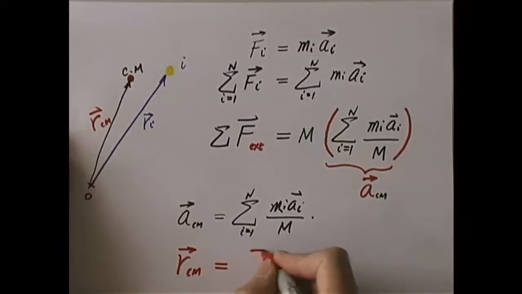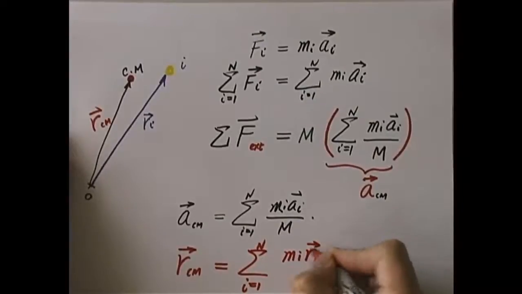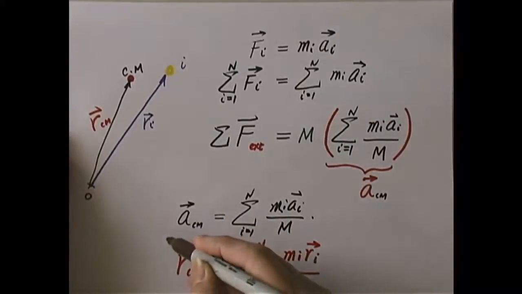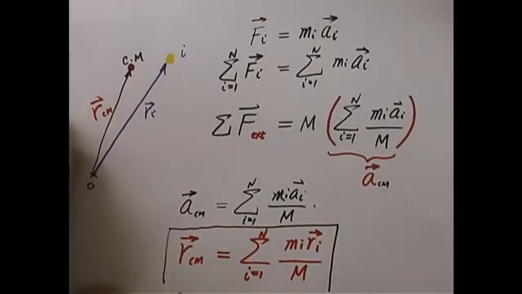It is just equal to the sum of m_i r_i over capital M, the total mass. This is the expression for the position of this unique point called the center of mass.